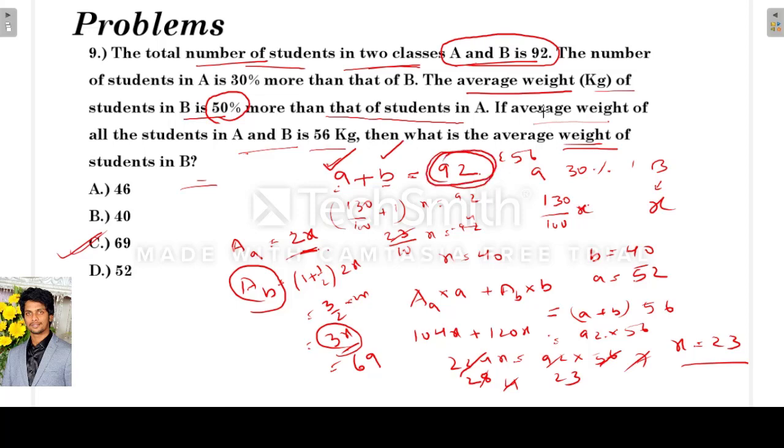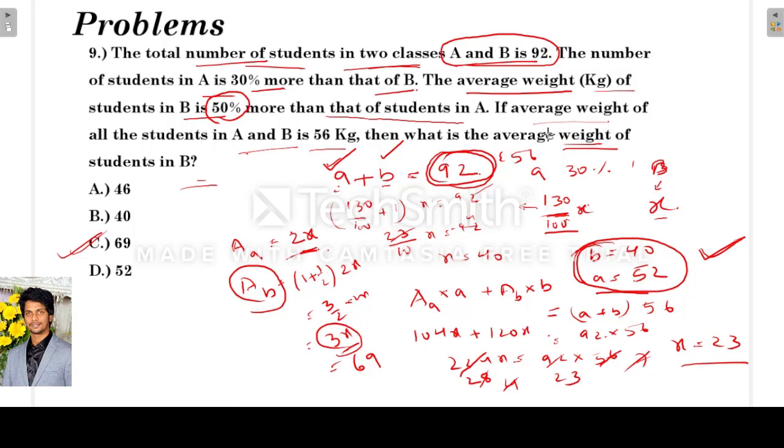Then they are telling the number of students in A is 30% more than that of B. Means if number of students in B is, let's say, x, then the number of students in A becomes, because 30% more, 130 by 100 into x. After substituting this 130 by 100x and x in this, we got a as 52 and b as 40. So I hope it is clear till this point how we got this.